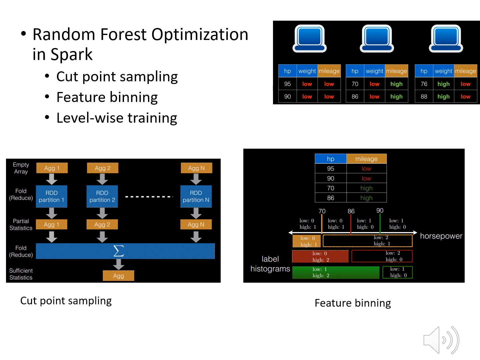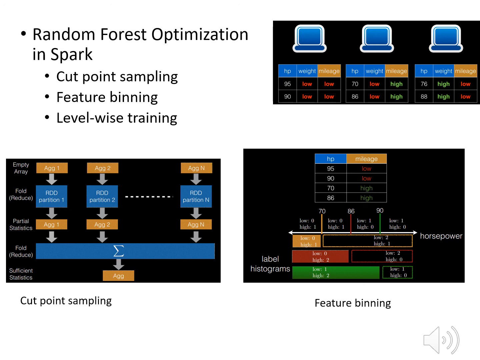The second strategy is feature binning. In the decision tree construction process, we need to divide the feature values.